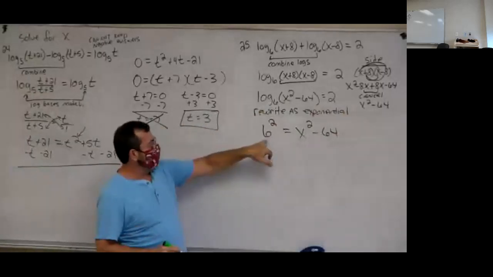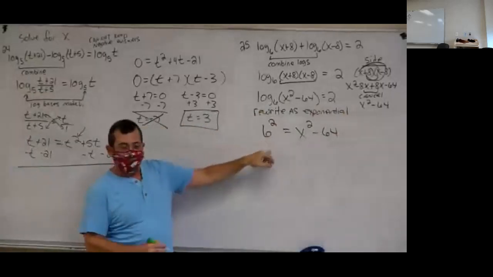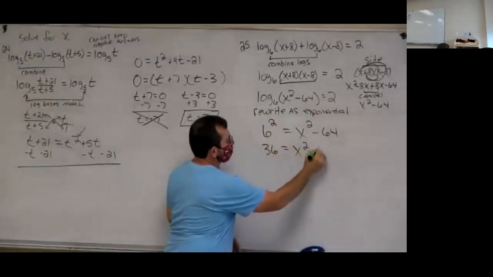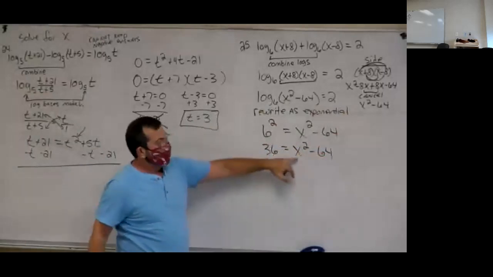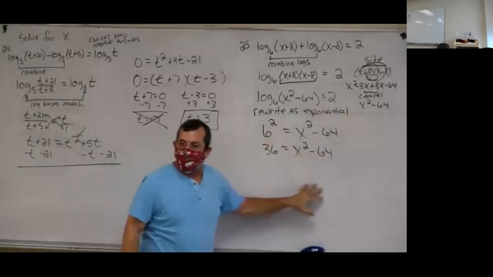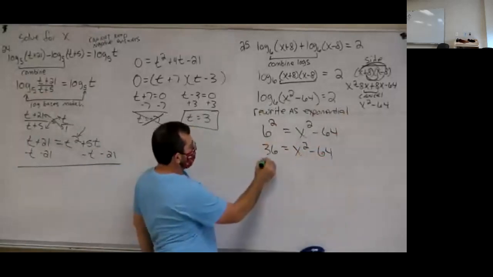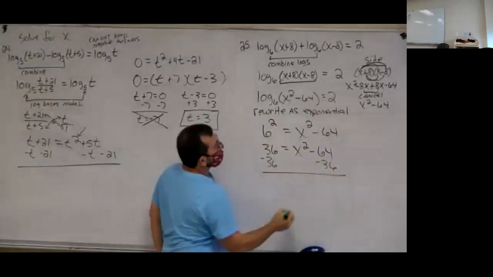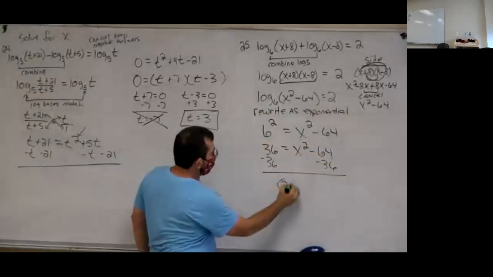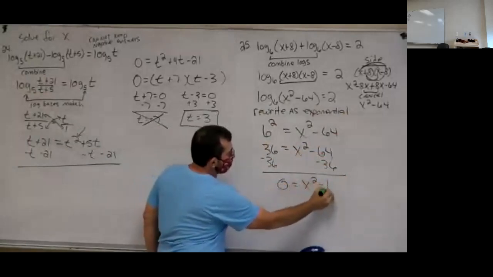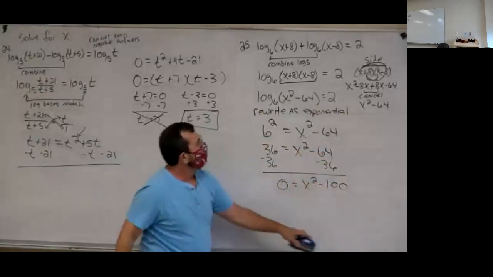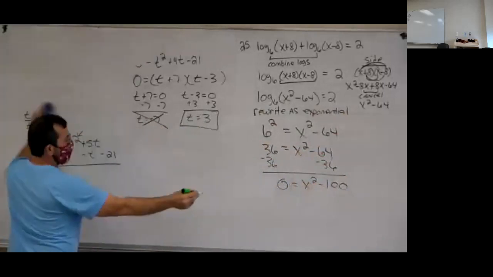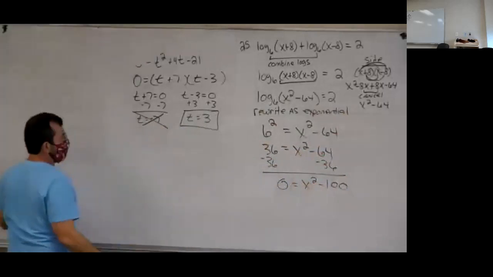All right, y'all, here's what we're going to do. 6 squared is what, 36? So 36 equals x squared minus 64. Since we've got this x squared, I'm just going to bring everything to one side by subtracting the 36. So now I've got 0 equals x squared minus 100. So we need to factor the x squared minus 100.